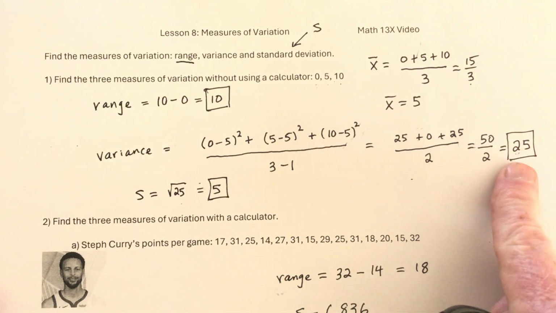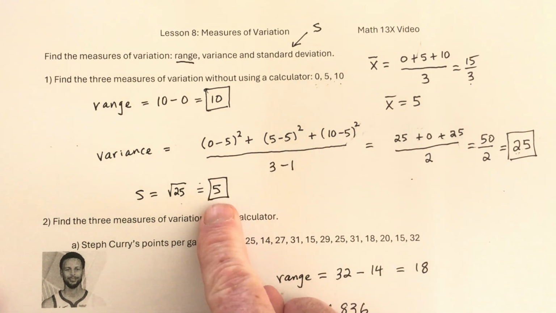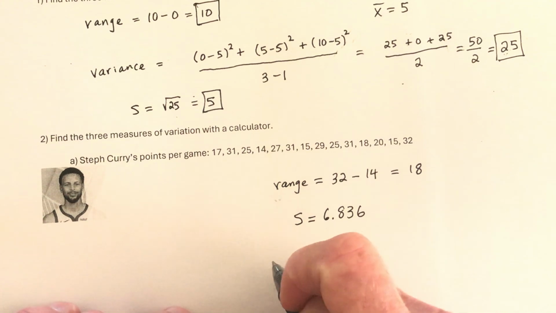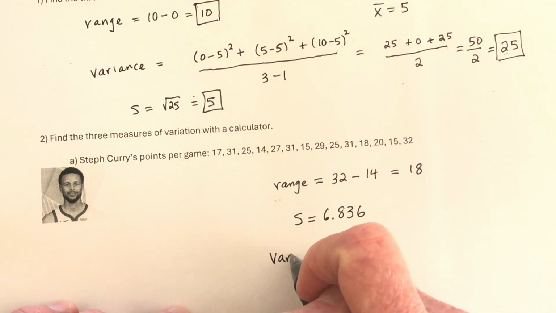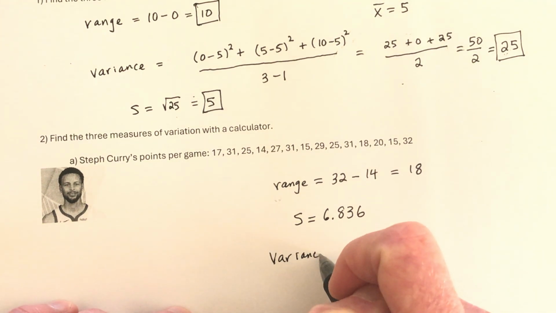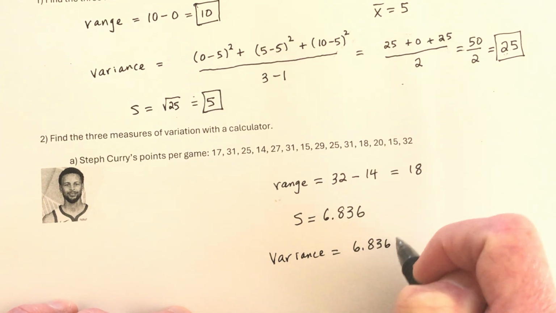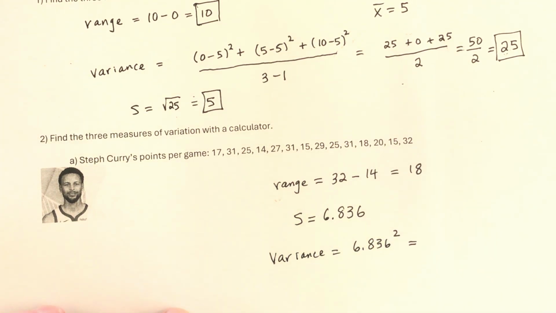When I did the first example, I did the variance first and then took the square root of it to get the standard deviation. Well, if you know the standard deviation, then you could square it. 5 squared is 25. That gives us the variance. So for the variance, that's just going to be the 6.836 squared.